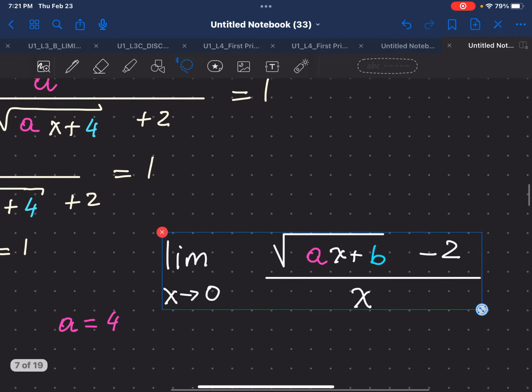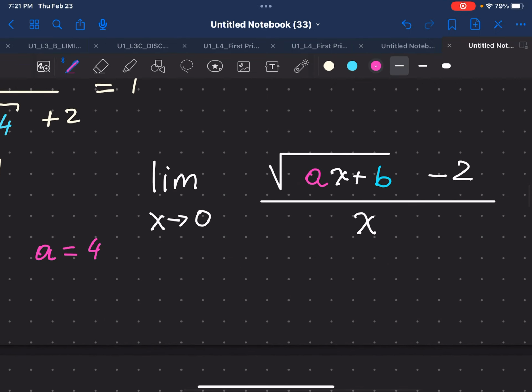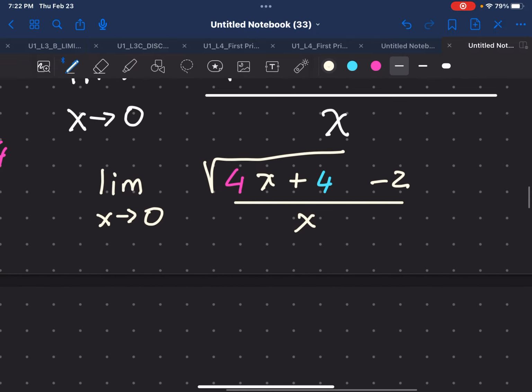We said that the value of a was 4. So that means that you had the 4 and then the x and then plus 4 and then square root and then minus 2 and then over x. And we're finding the limit as x approaches 0. And let's check and see, is this limit actually equal to 1?